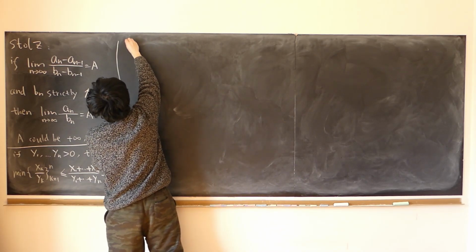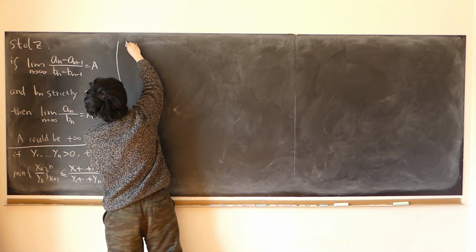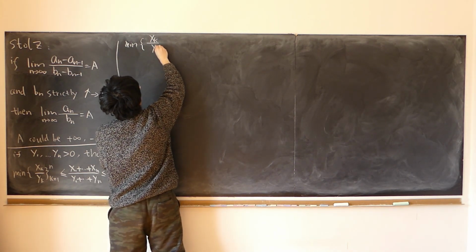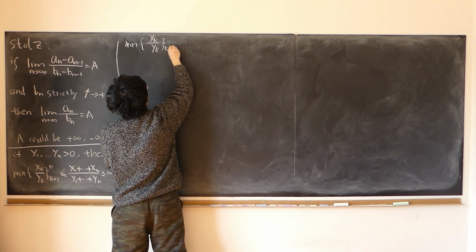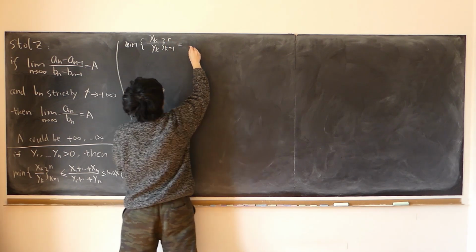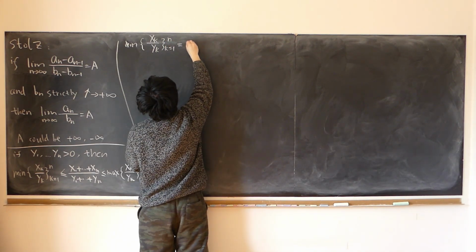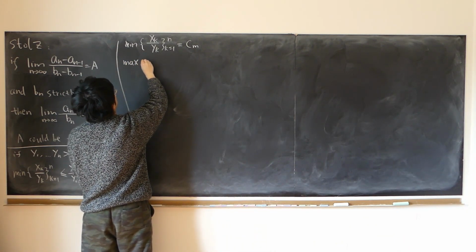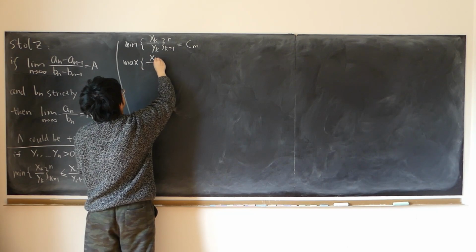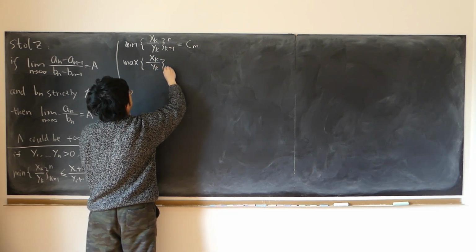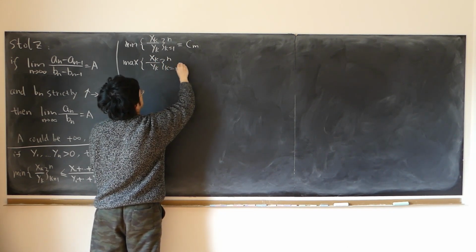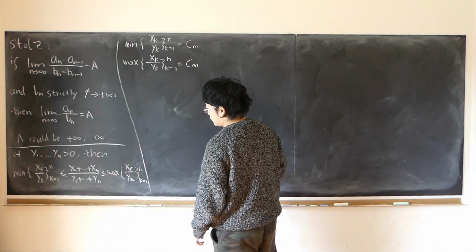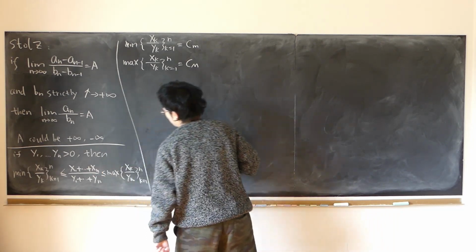The reason why this is true is, first of all, let me denote the minimum of xk over yk, k from 1 to n, as c little m, and the maximum of xk over yk, k from 1 to n, as c capital M. Now let's look at the top, x1 plus all the way up to xn.